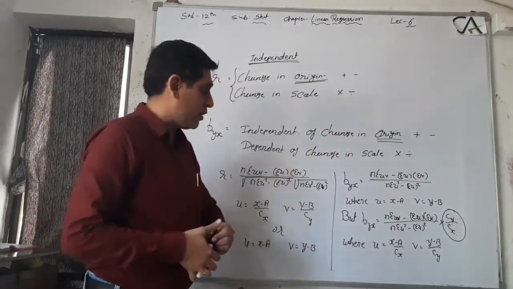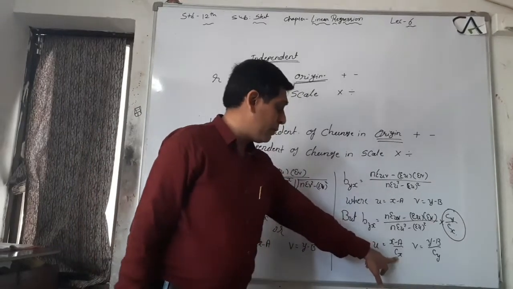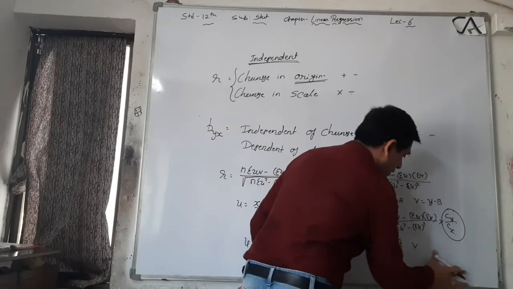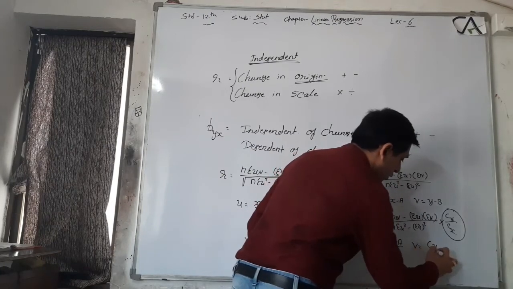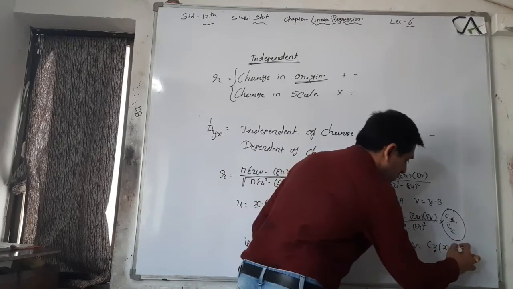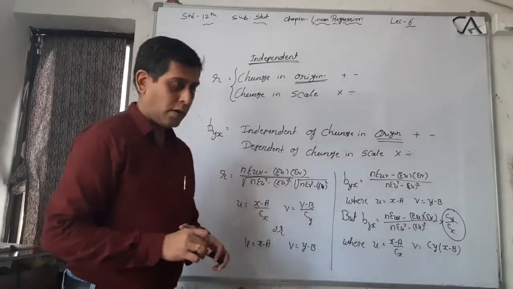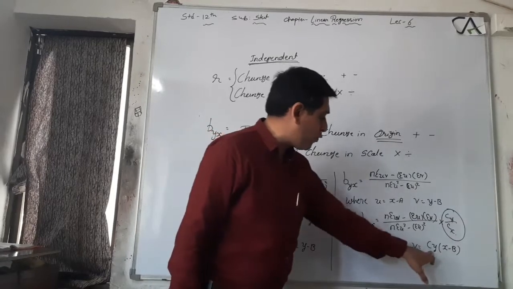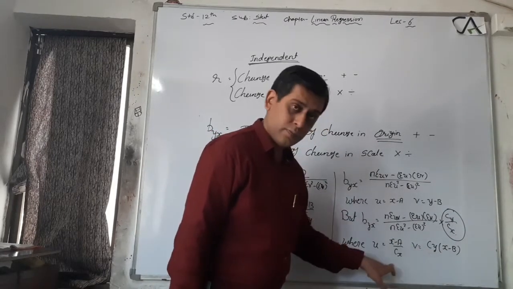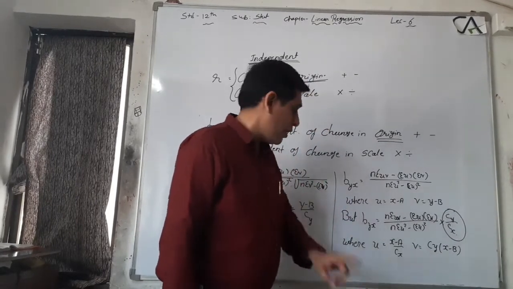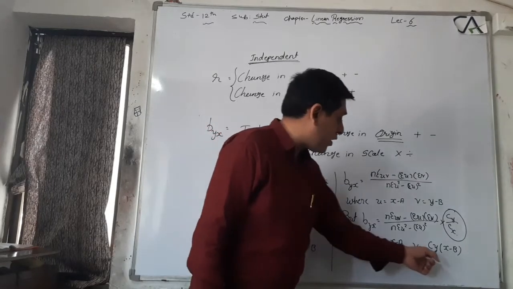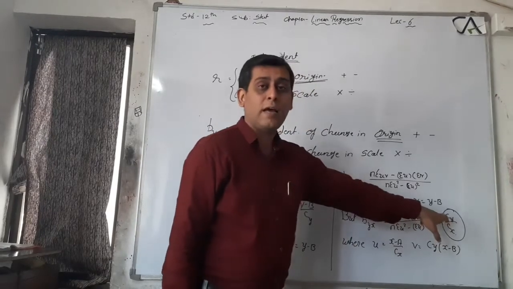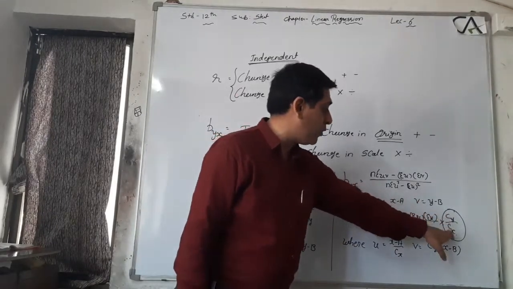Here you are multiplying or dividing. If you are multiplying or dividing some amount as a common in all observations of x and y, then you have to change your formula by multiplying by cy upon cx.